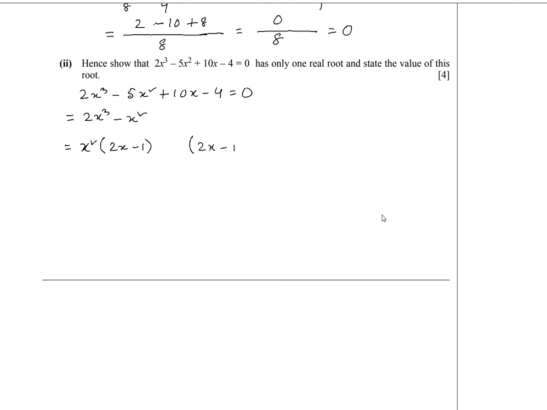Now let's write 2x minus 1 again in the third line. Now we need minus 4x squared in the second line. So we need to multiply 2x minus 1 with minus 2x to get minus 4x squared, then plus 2x.